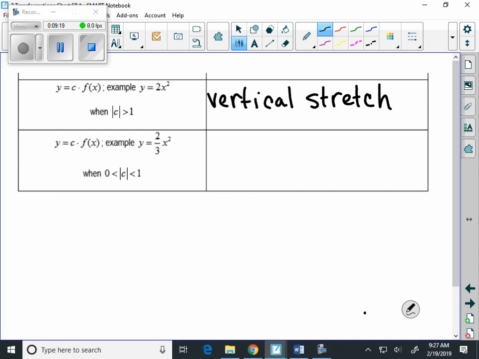And in particular, that's when c is greater than 1. And when c is outside the function and it's between 0 and 1, that means that it's a vertical compression.